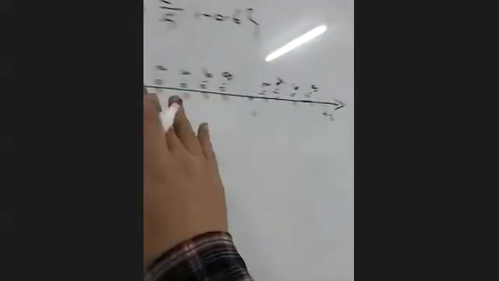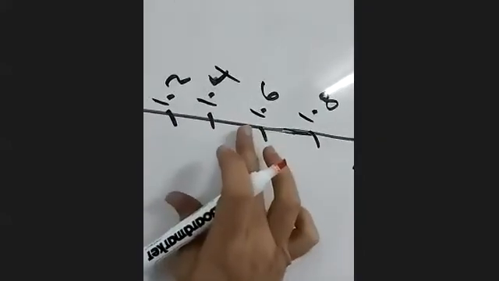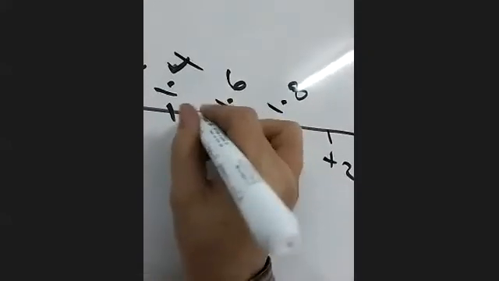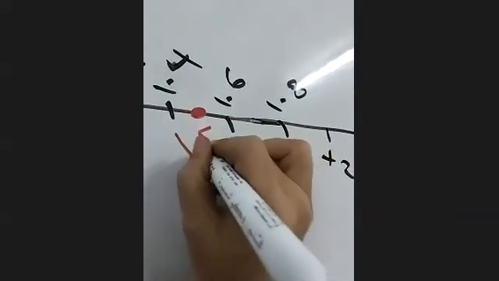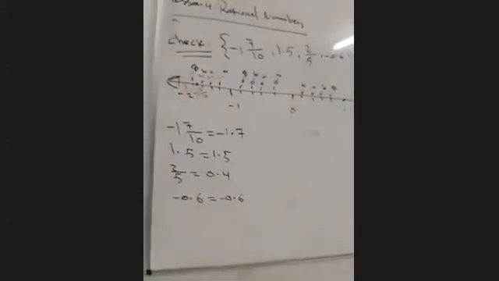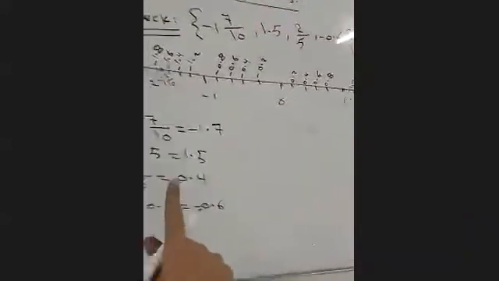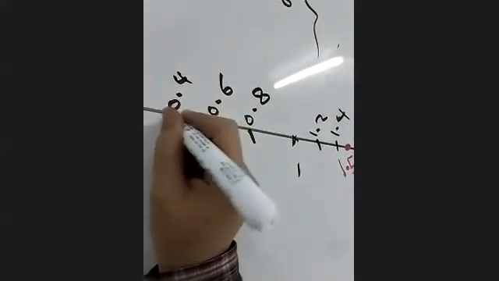Now 1.5, do we have 1.5 here? No, but it's between 1.4 and 1.6 here. Now 2/5, it is 0.4. We have 0.4. It already exists here.